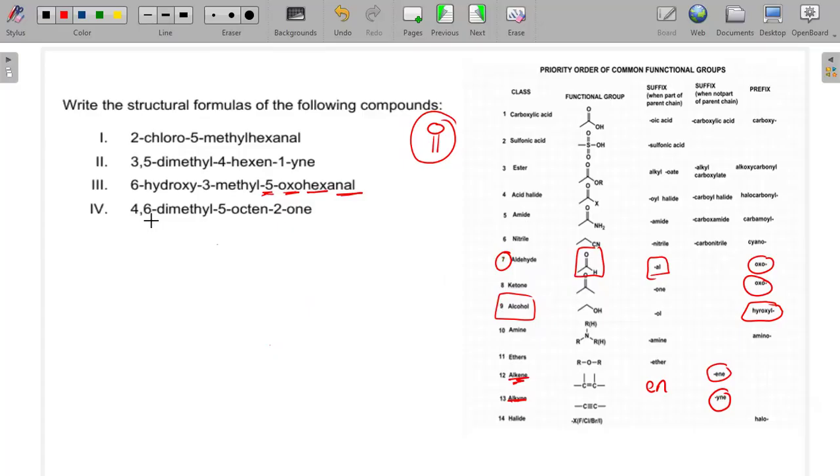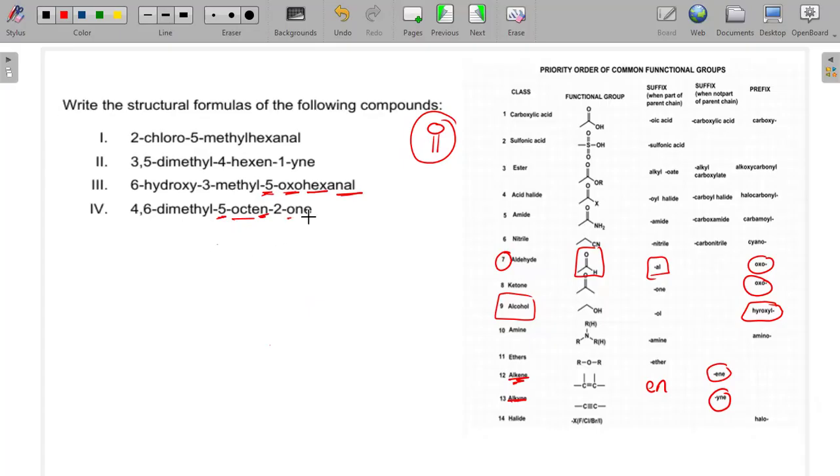So we're having 4,6-dimethyl, 5-octen. For oct, that's an 8-carbon chain, isn't it? Again here we're having a double bond as a substituent at position number 5, right?